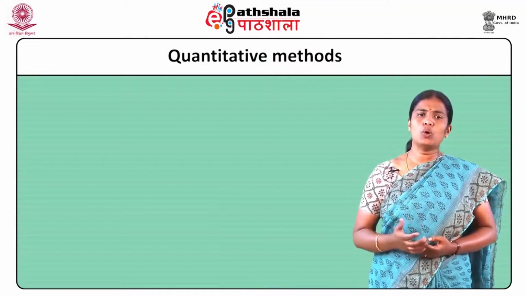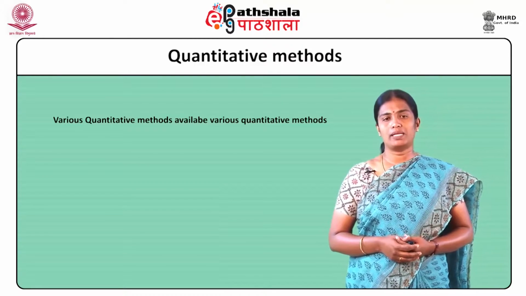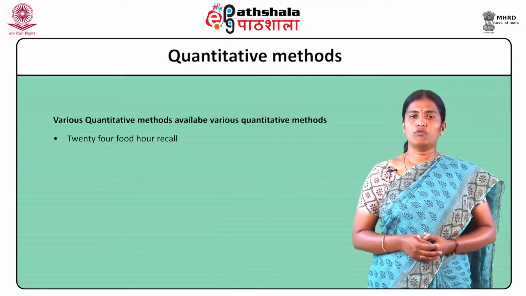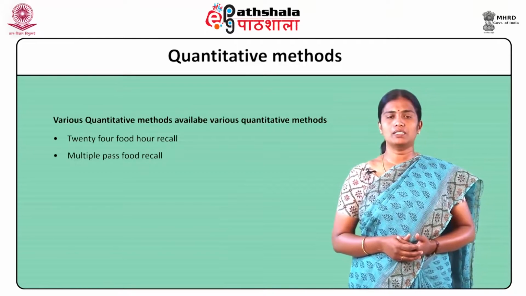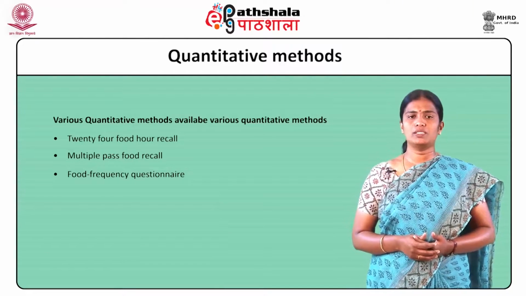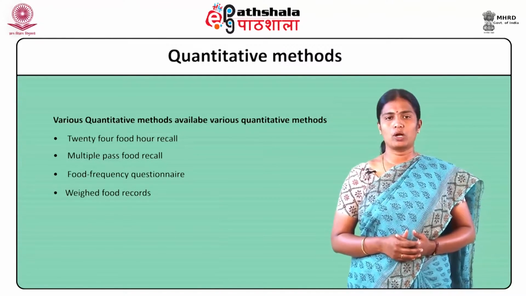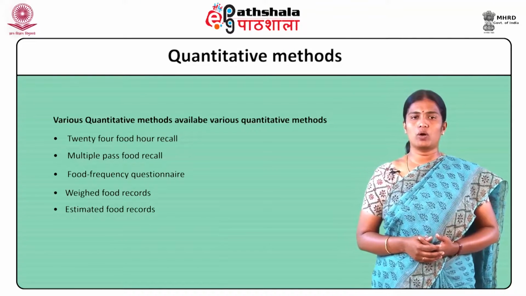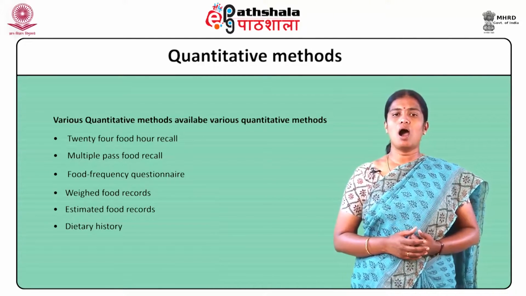Now, let us know about the various quantitative methods. 24-hour food recall, multiple pass food recall, food frequency questionnaire, weighed food records, estimated food records, dietary history, household food survey. Let us now look each of these in detail.